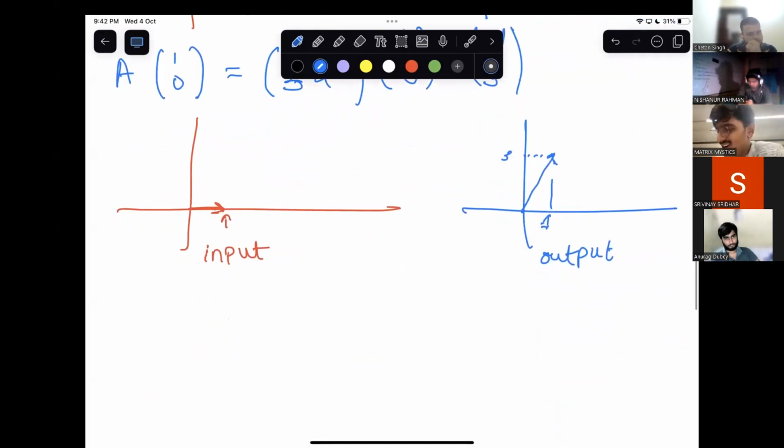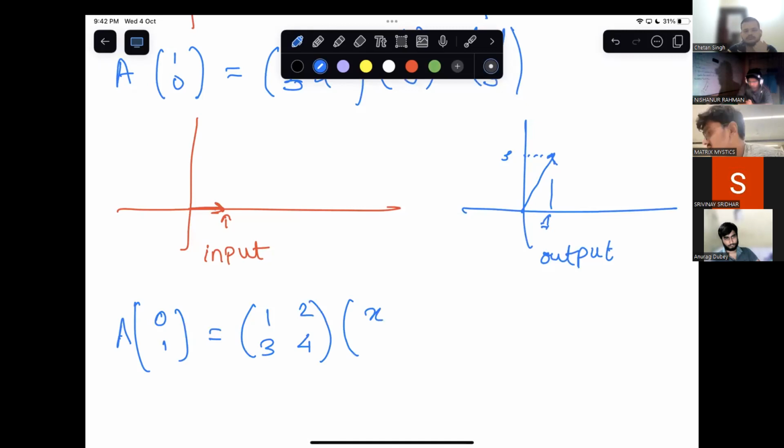And let us also plug in another simple value, that is j cap. It will come out as 2 comma 4, right? Yeah, 2 comma 4.